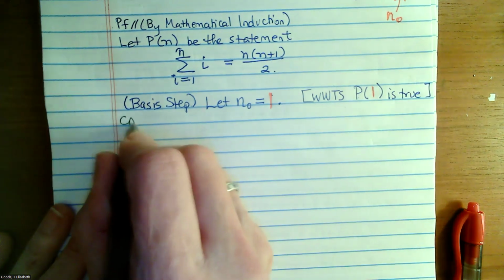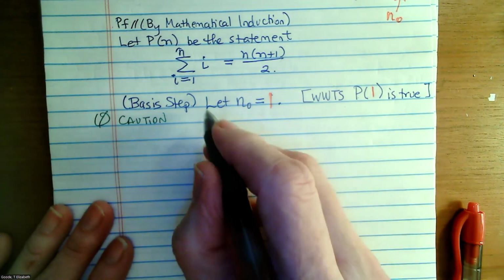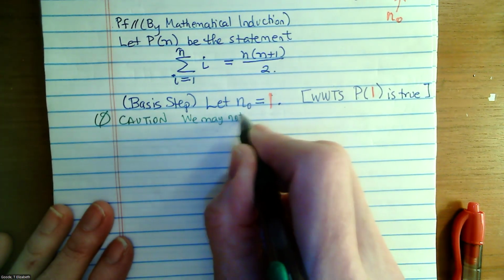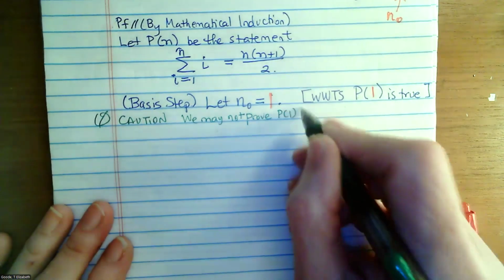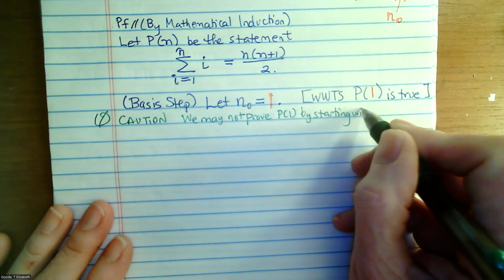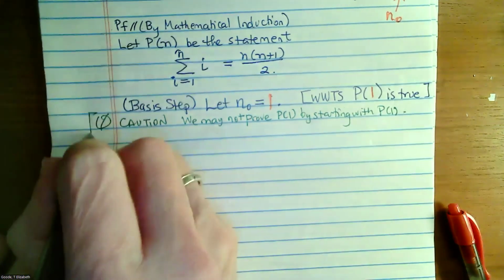So this is the cautionary tale. We may not prove P of 1 by starting with P of 1. P of 1 is an equation. Okay, this is thinking notes here.